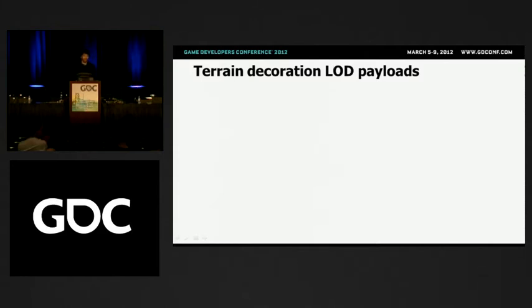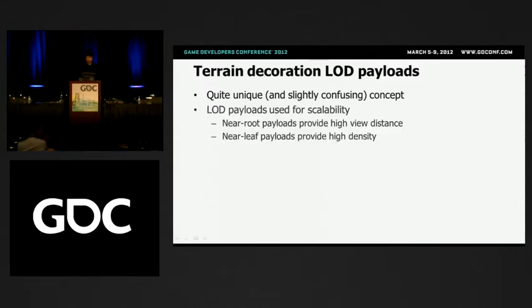To complicate things a bit, we also have LOD payloads for mesh scattering or terrain decoration. And that's actually a bit non-standard. I haven't seen it myself in any other engine. So it might be a bit confusing, but I'll try to explain. In this case, for decoration, we used LOD payloads again to achieve scalability.